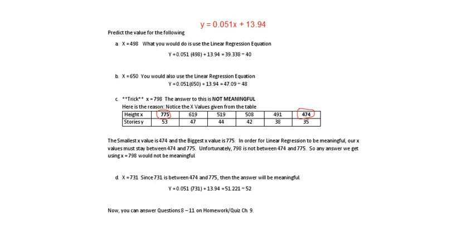In this case, we can only use x values between 474 and 775. 498 is between 474 and 775. 650 is between 474 and 775. But 798 is not between 474 and 775. In fact, 798 is bigger than 775. Mathematically, you could put it in, you'll get an answer, but it won't have any meaning.